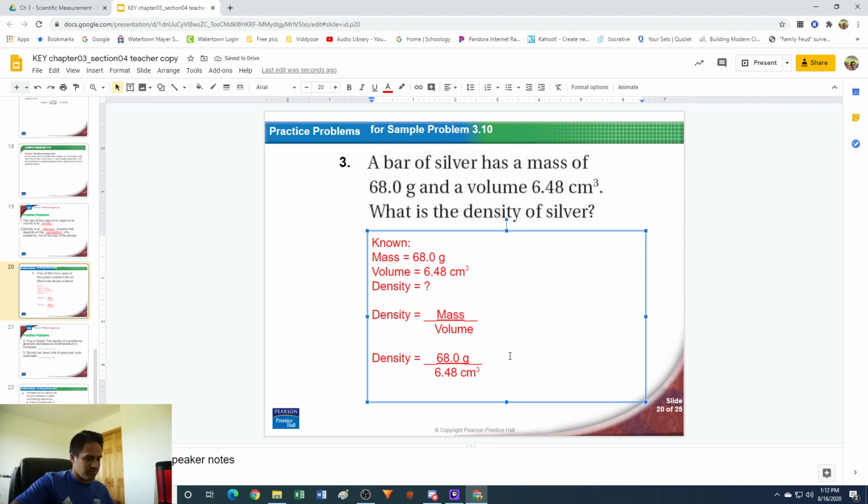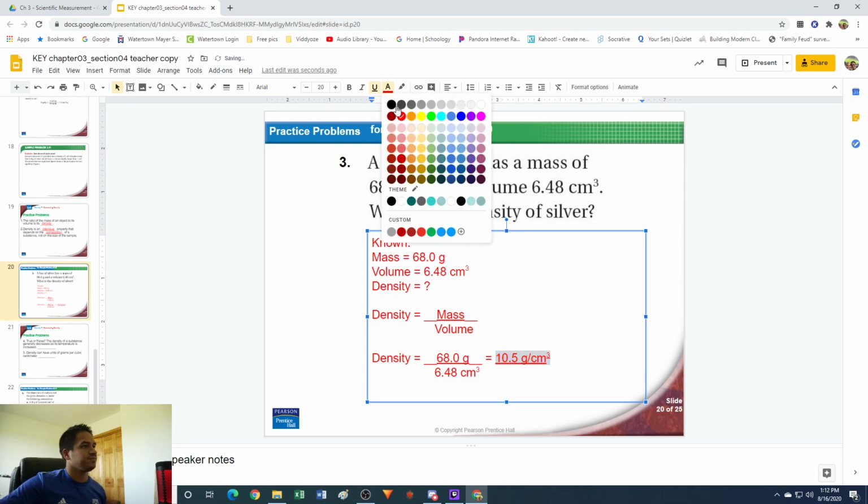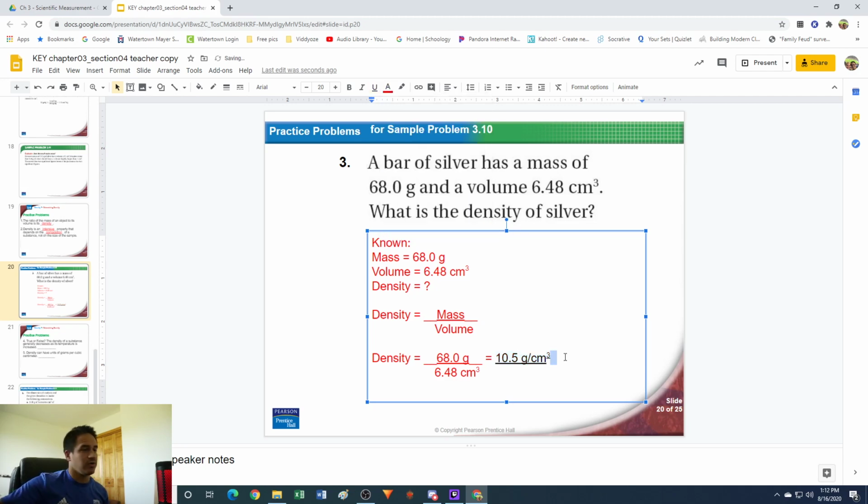And we're just going to do this basic division on our calculator and get an answer. So 68.0 divided by 6.48, and we need to round this to 3 significant figures because of the numbers that were given. So if we round this to 3 sig figs, we get 10.5 grams per cubic centimeter as our final answer. There you go, and that's it.